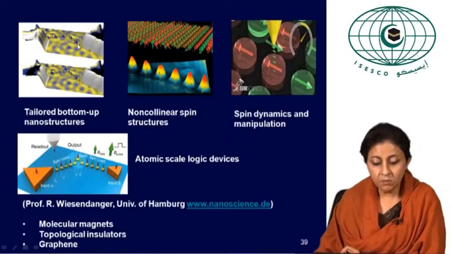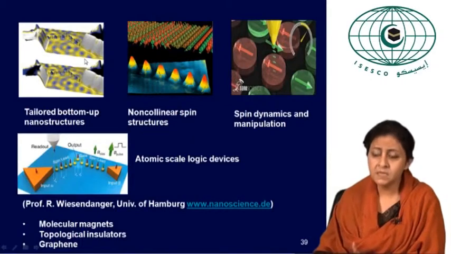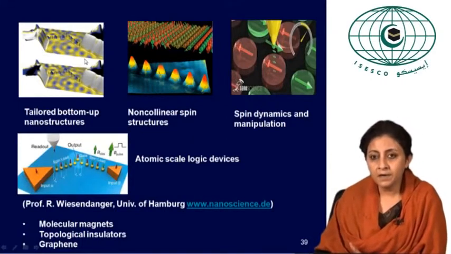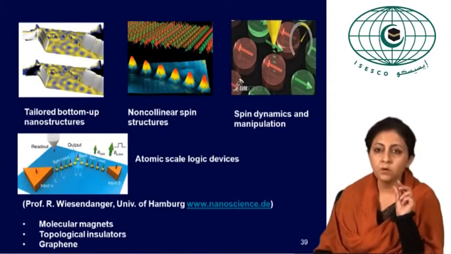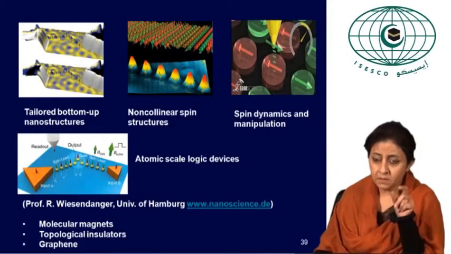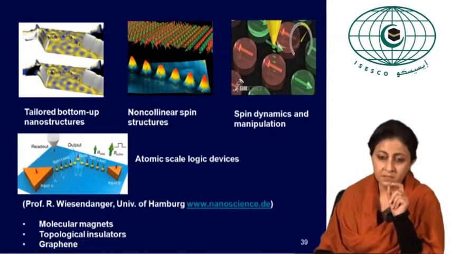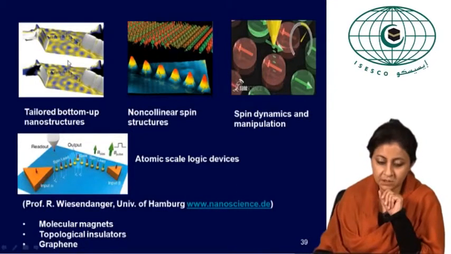The yellow here means a downward magnetization, the blue means an upward magnetization. And this coupling is controlled through the substrate. This is an effect known as the RKKY coupling, where the direction of magnetization depends upon the distance between two magnetic objects. So if I can control this distance very precisely at an atomic level, then I can control the magnetization.